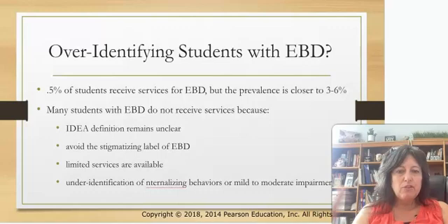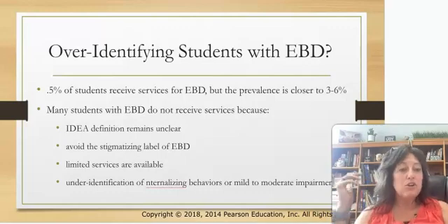And how do we stop over-identifying students with EBD? 0.5% of students receive services for EBD, but the prevalence is closer to 3 to 6% who actually have it. Many students with EBD don't receive services because the IDEA definitions are unclear, as we talked about earlier.